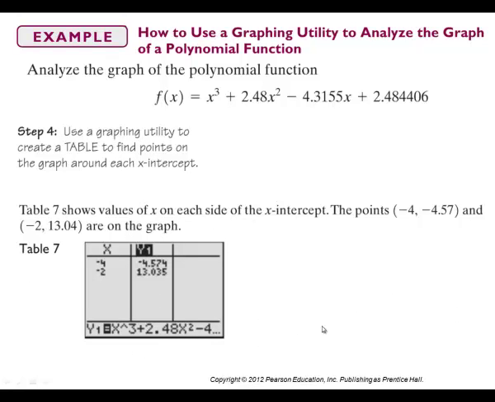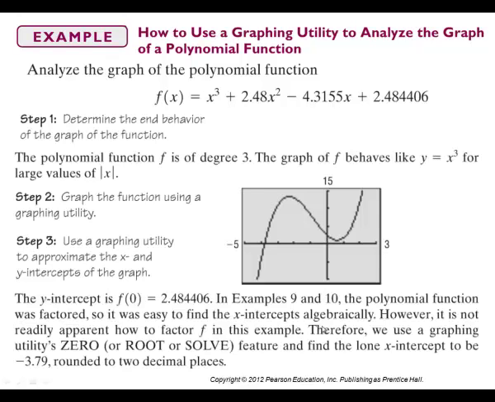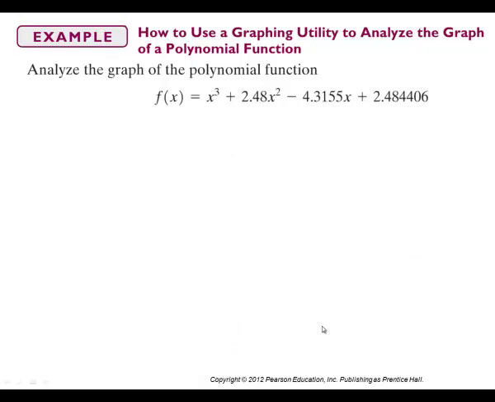So here, it looks like here's -5, here's -4, here's -3. So we know by looking at the calculator that -3 is going to have a positive y value, but -4 is going to have a negative y value, and that's what this is showing here.